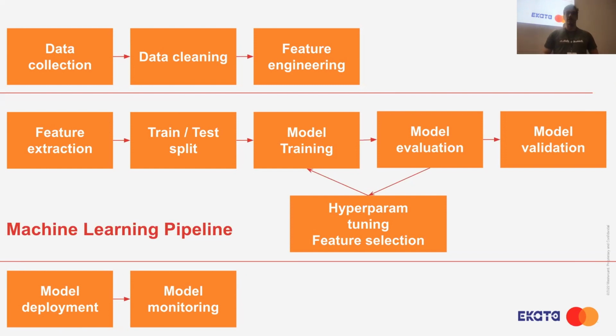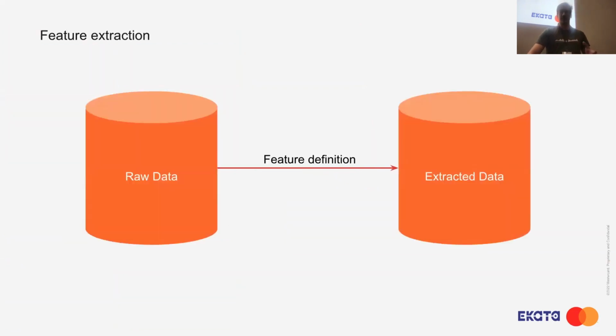And unfortunately, this simple view is exactly that, oversimplified. We have much more complex data flows, for example, in the feature extraction. Well, maybe not like that, because if you have really just simple feature definitions, then from raw data, you go to the extracted data, and everyone is happy.